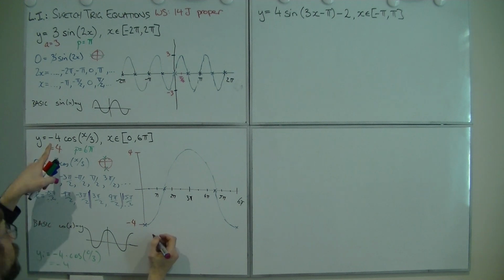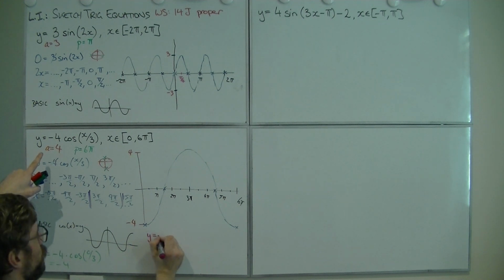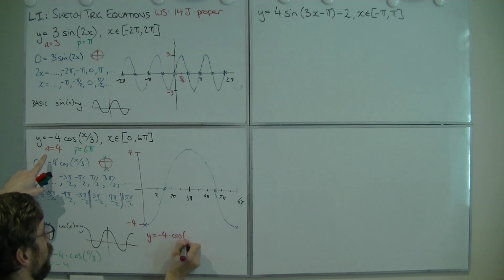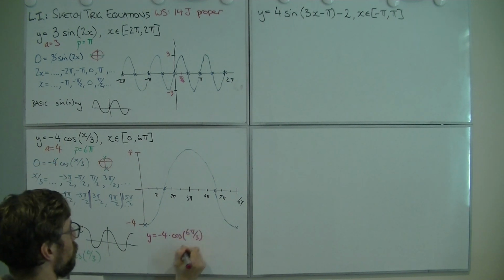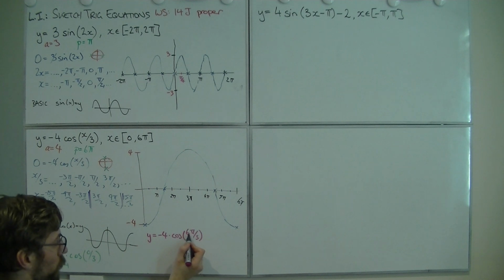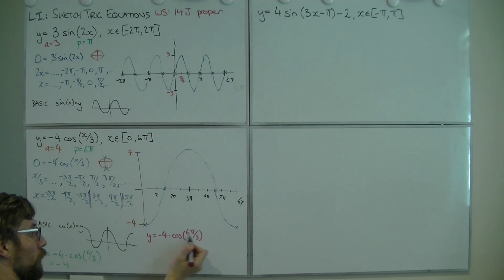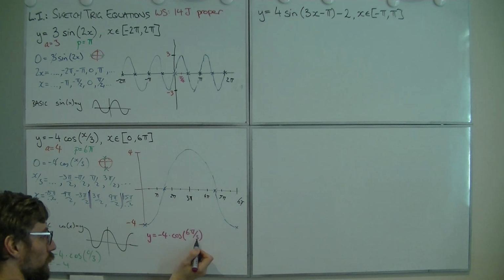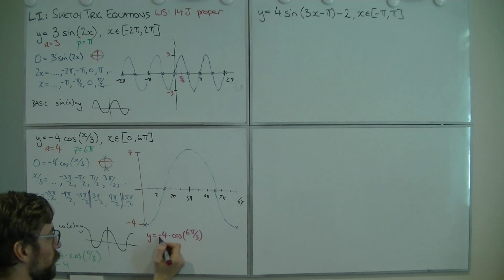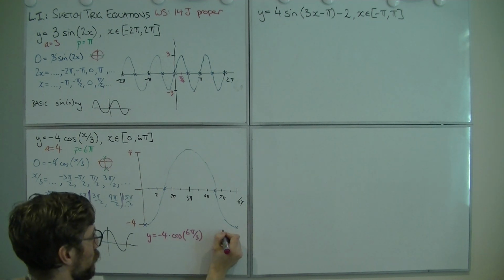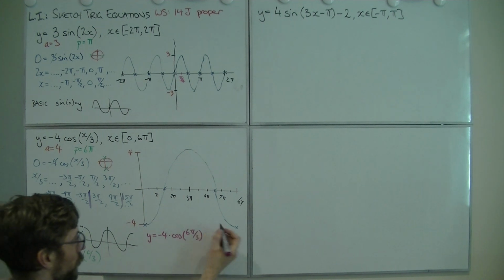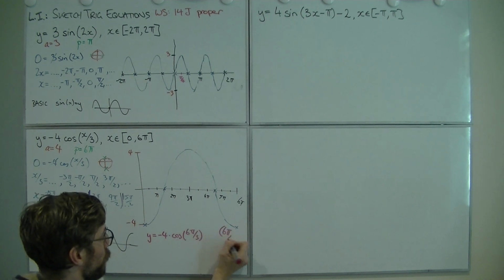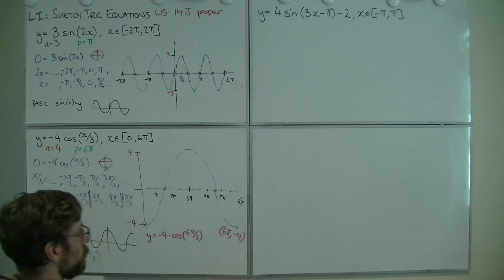So we take our function, y equals -4 times cos of, we'll try 6 pi over 3. Yep. Cool. 6 pi on 3 would be 2 pi. Cos of 2 pi would be 1, because it's the same as cos of 0. 1 times -4 is -4. Yep, that lands there. So we end up with, yeah, we'll do it in that colour, why not? 6 pi, -4 is that endpoint.